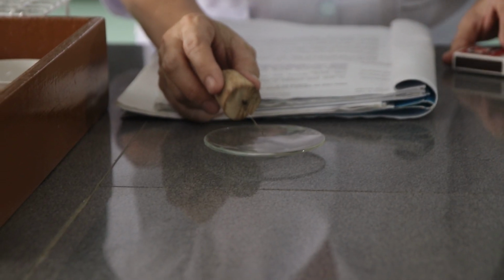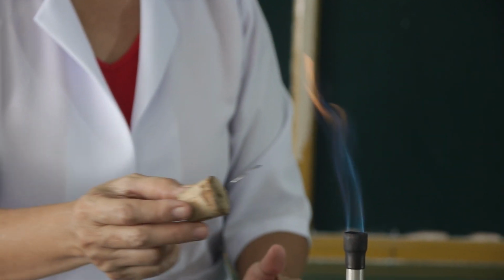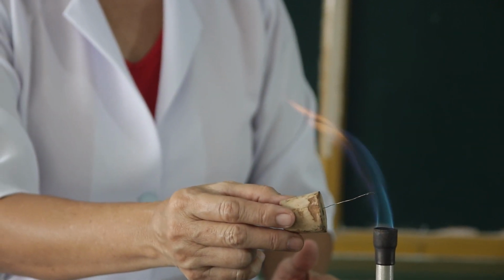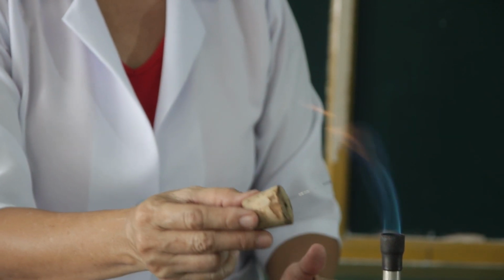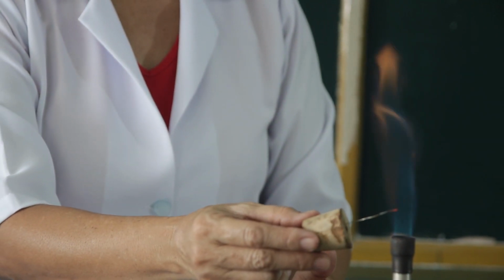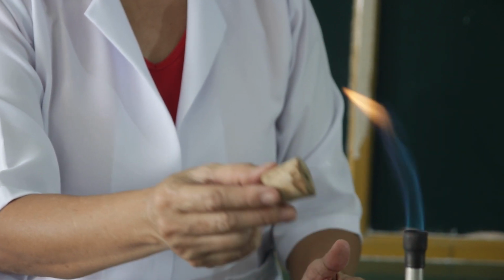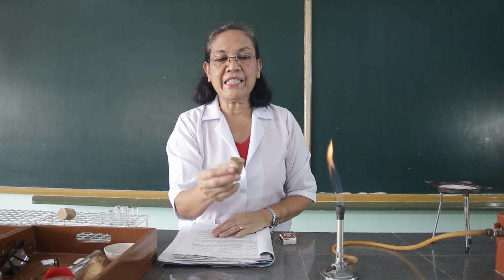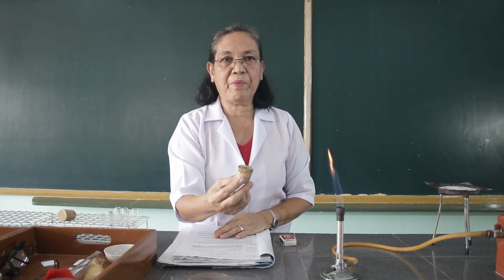Repeat. So you have to do it repeatedly to ensure that the Nichrome wire is clean. As you notice, there is no color imparted by the Nichrome wire onto the flame. So we can say that this Nichrome wire is now ready to be used.